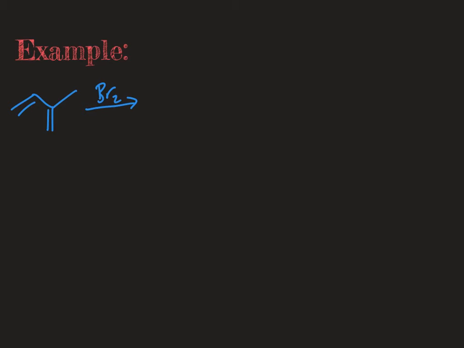So again, we need to decide which carbocation is going to be formed initially. So we've got a few options. If we look at the left-hand double bond, we have the carbon on the end, or the second carbon in, and we know we're going to form the more stable carbocation, which means the first bromine is going to add to the end so that the carbocation that is formed is a secondary carbocation.